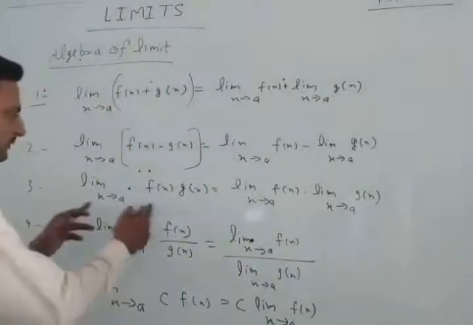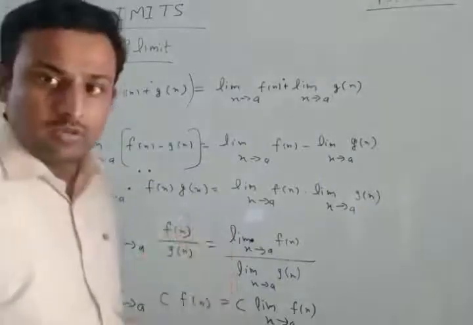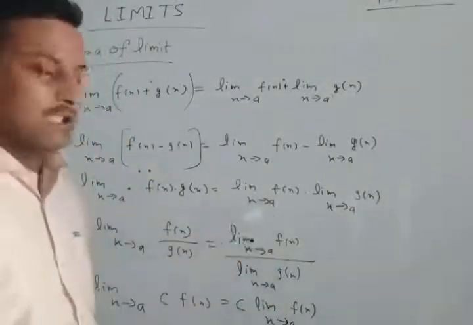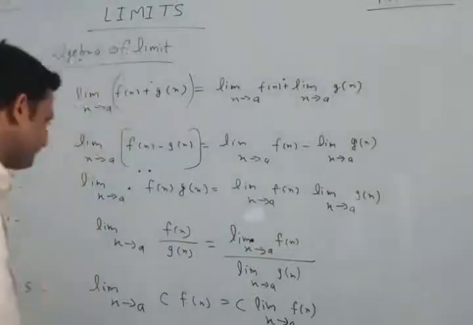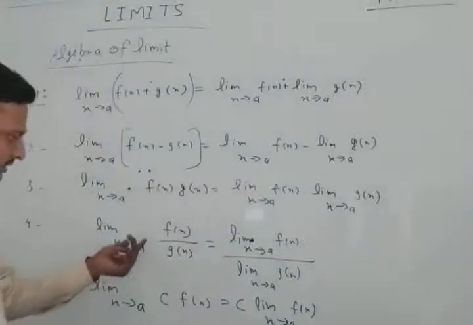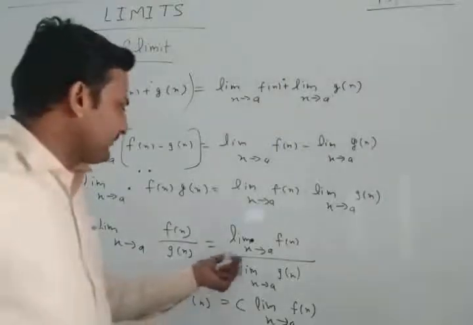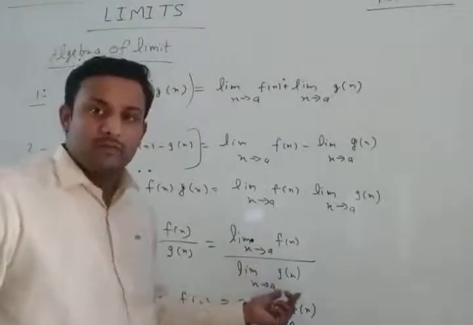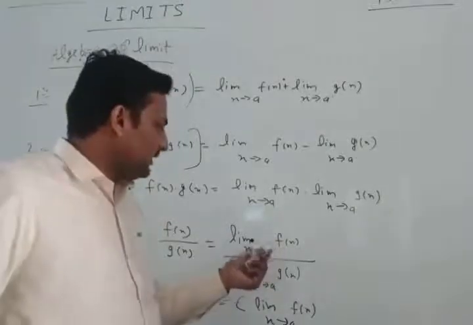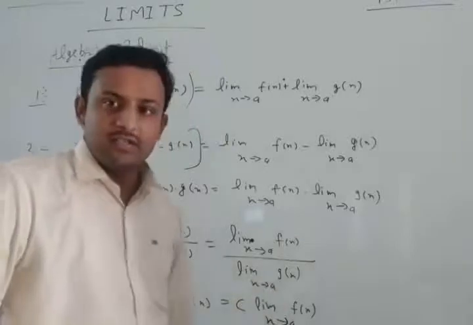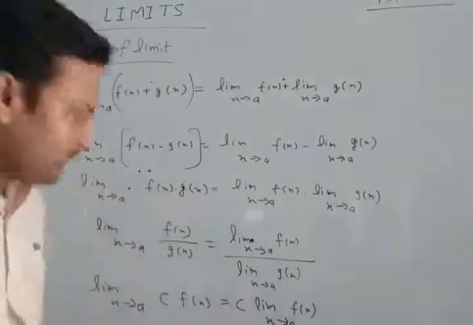Means the limit will be taken separately for both functions after the multiplication operation. Now we are taking the limit of the quotient of two functions. The limit of the quotient of two functions is limit x tends to a f(x) upon limit x tends to a g(x). It will be again separate.